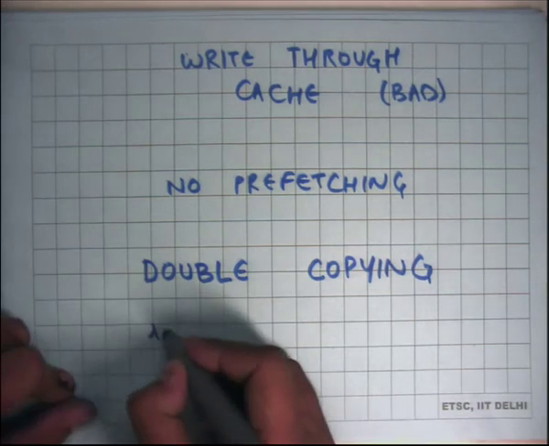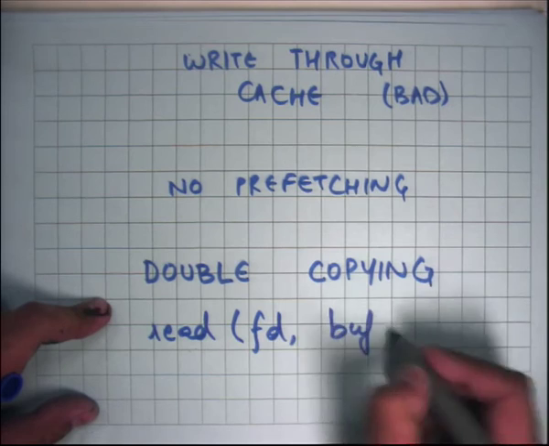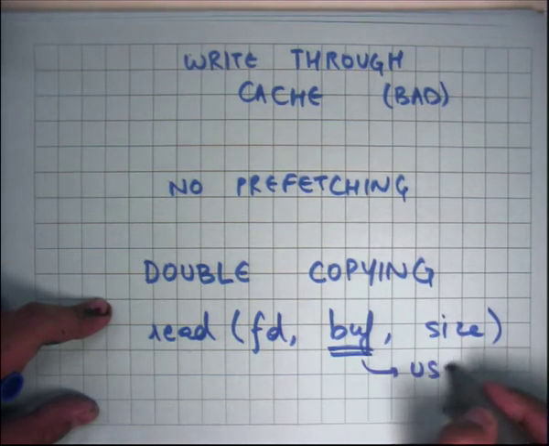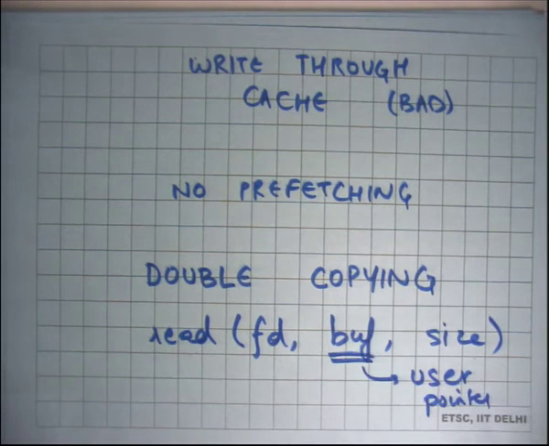Recall that a user will probably want to say something like read fd buff size, and this buff will be a user pointer. To implement this, the file system has to first read from disk to the buffer cache, and then from the buffer cache to the user address space.